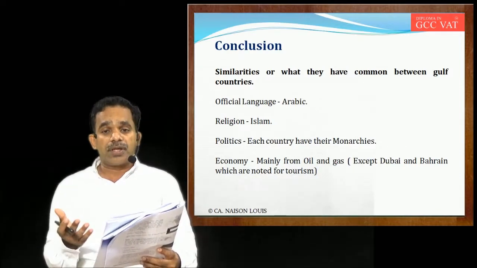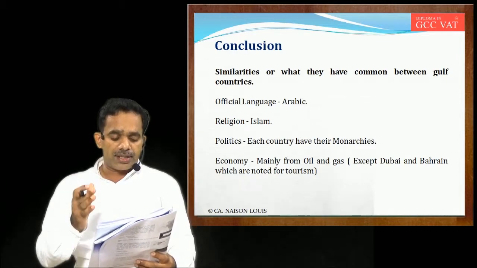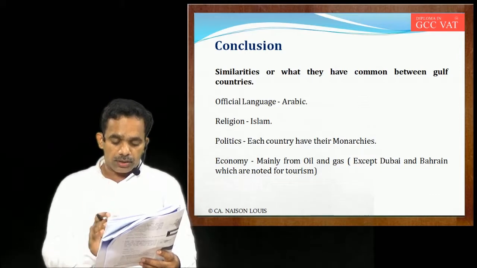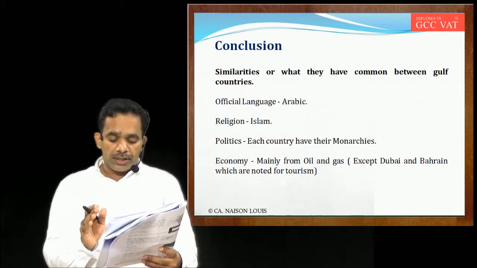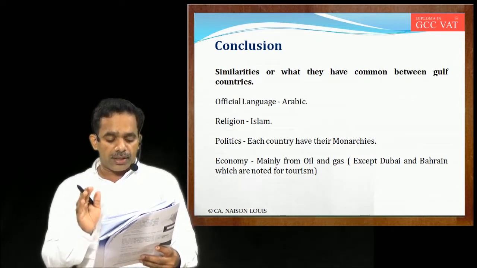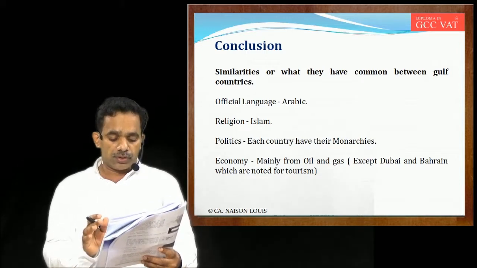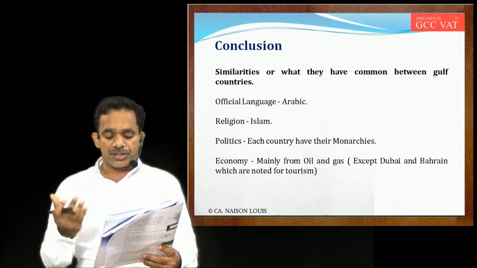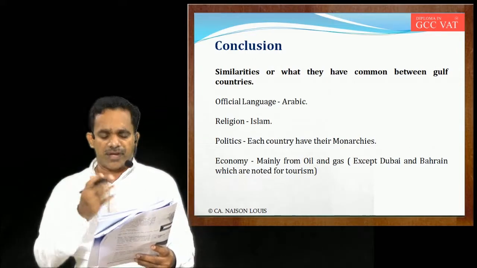Then the currency name differs. For example, the currency in Oman is the Omani Riyal, in UAE it is the UAE Dirham, in Kuwait it is the Kuwaiti Dinar, and in Bahrain it is the Bahraini Dinar. Each country has its own traditions, culture, and dressing style; everything varies.